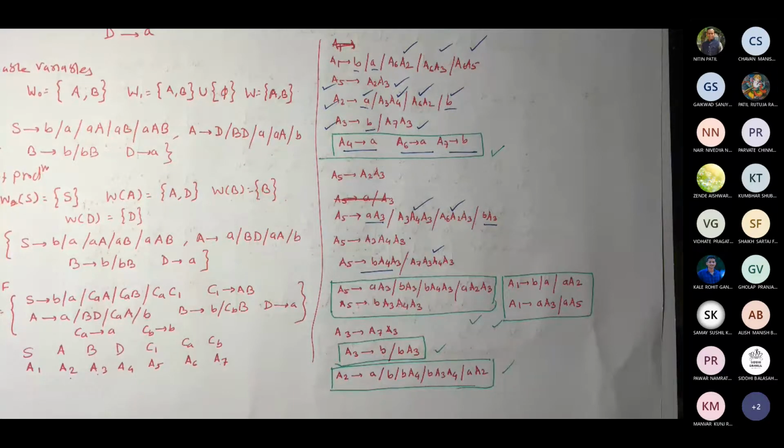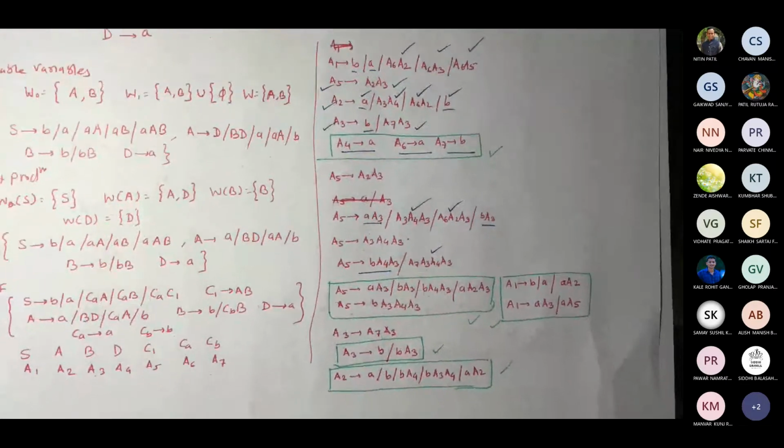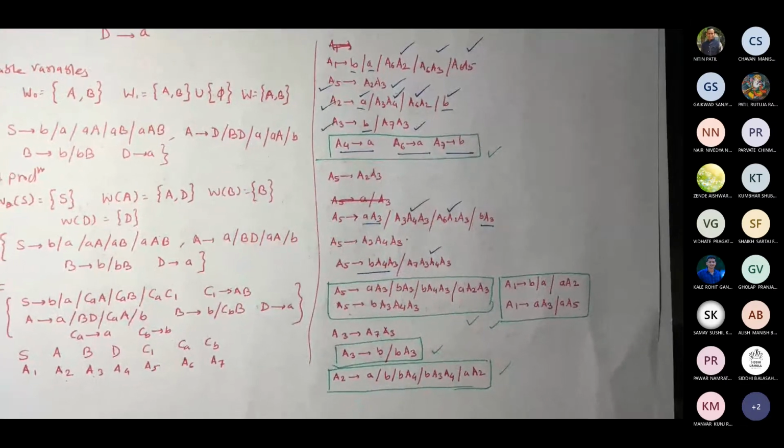Do you think anything we missed here? Have we considered all? Yes, sir. All done. So this is how you get GNF from the CNF part.